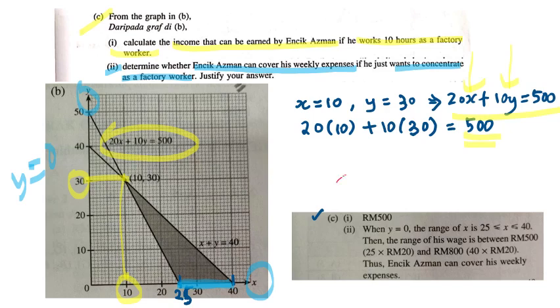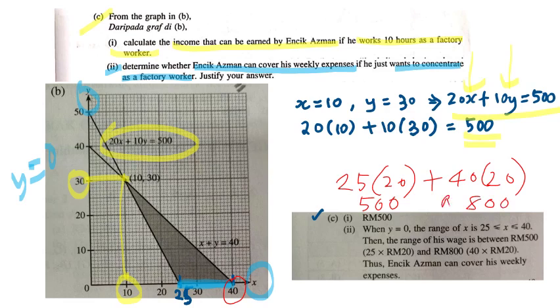25 times RM20, and 40 times RM20. 40 is the highest hours that he can work, paid RM20 per hour. So what you get is RM500 and RM800.